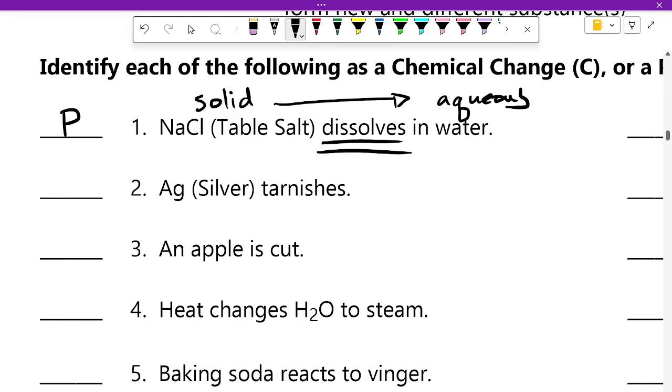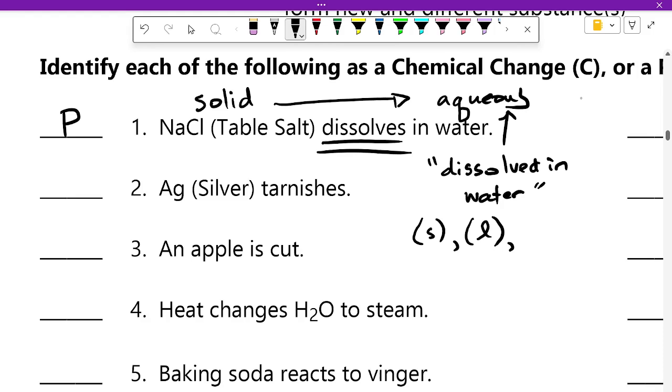It literally just means dissolved in water. Our four states that we're going to be worried about this year are solid, liquid, gas, and then our fourth state that we're worried about in grade 9 is AQ, which means dissolved in water. Okay?